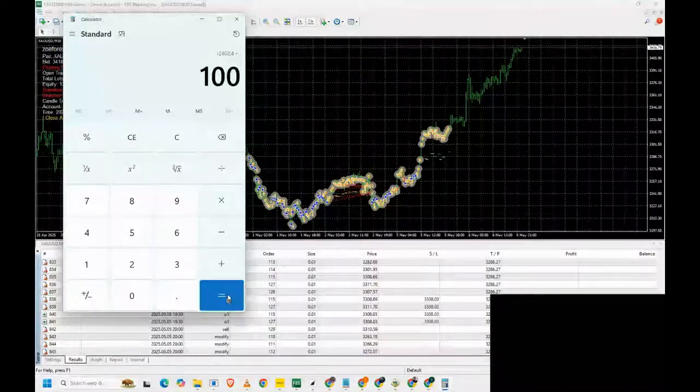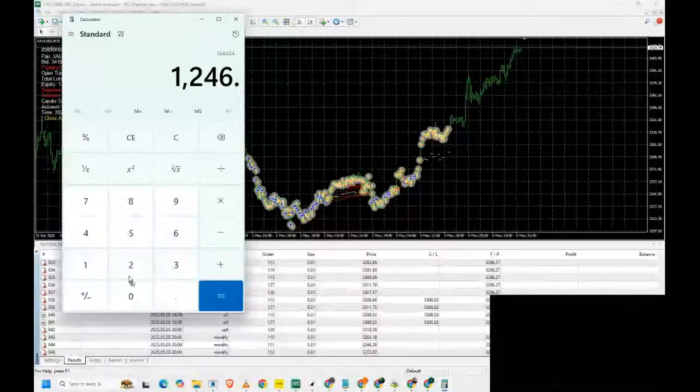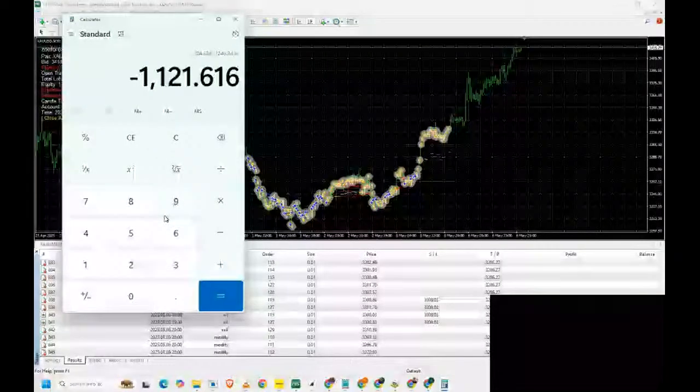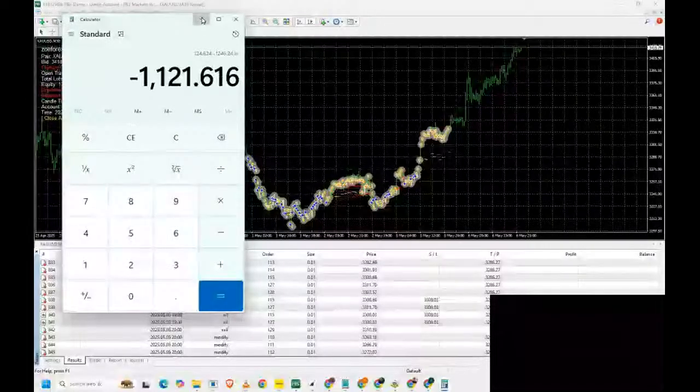We divide that, and subtract it from the 1246.24. Now we have 1121. Let's ignore the negative and take the absolute value in this case. So what I'm going to do now is 1121.61.